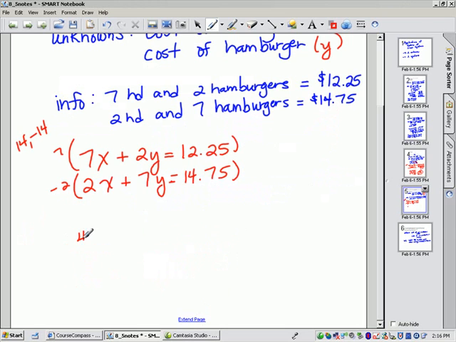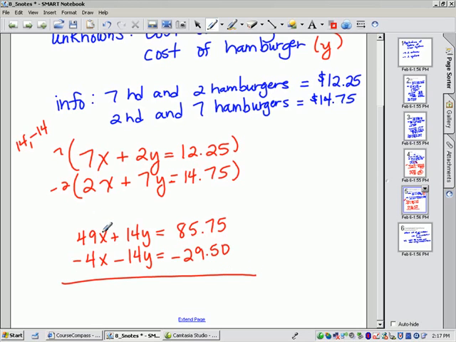So we will have 49x plus 14y equals 12.25 times 7, which is 85.75. Multiplying the second equation through by negative 2 gives us negative 4x minus 14y is equal to 14.75 times negative 2, which is negative 29.50.